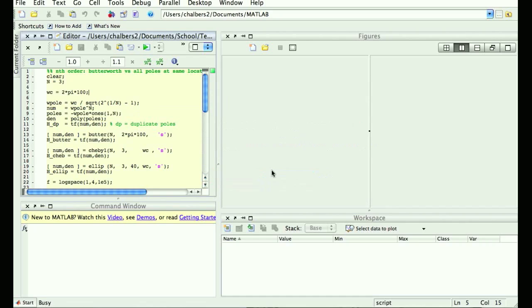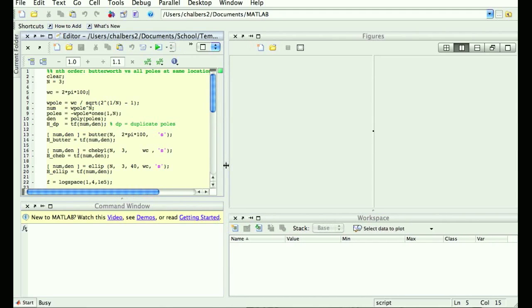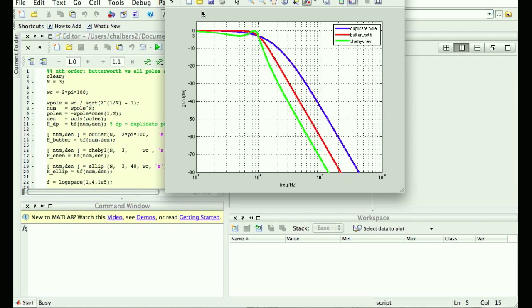Yes, I saved it. Okay. So, while we're waiting for that to burst into life, okay. So let's do this example from scratch.